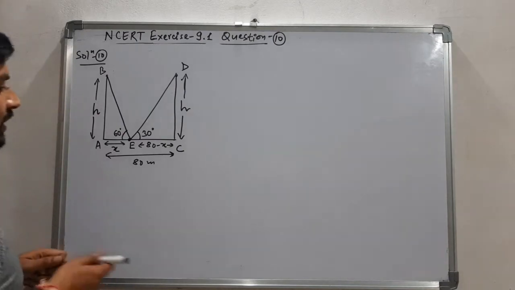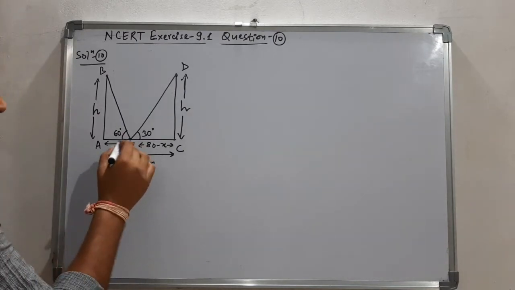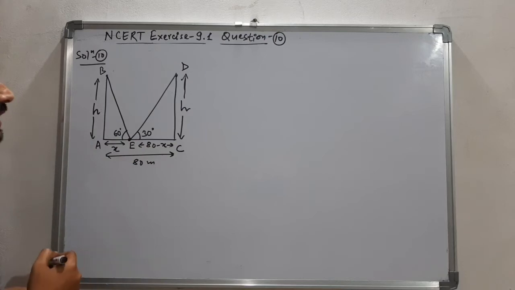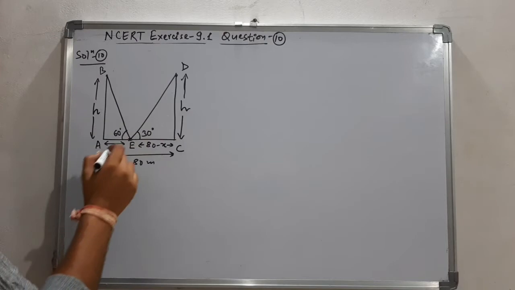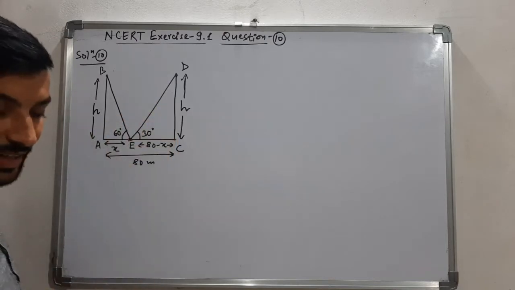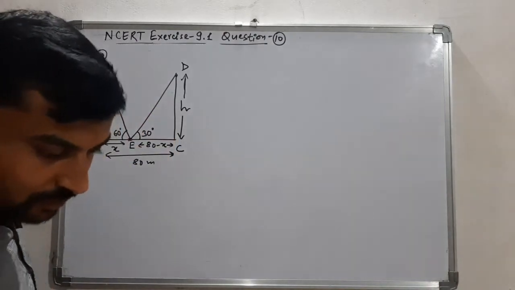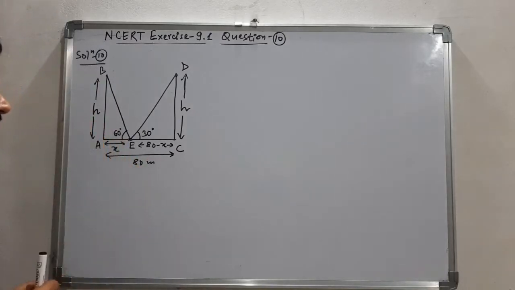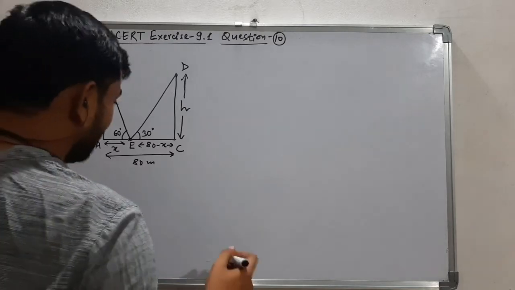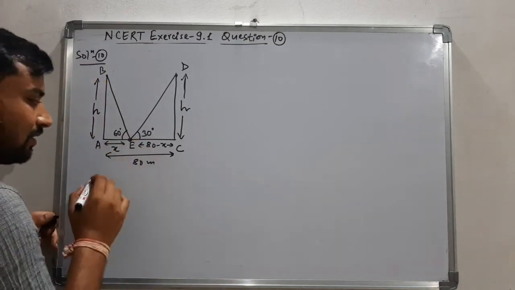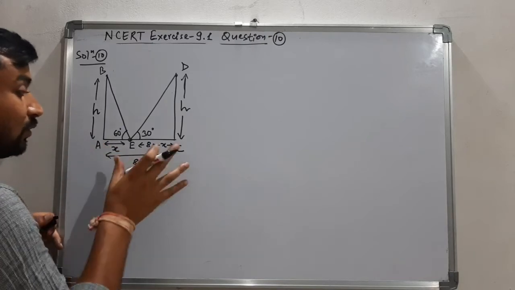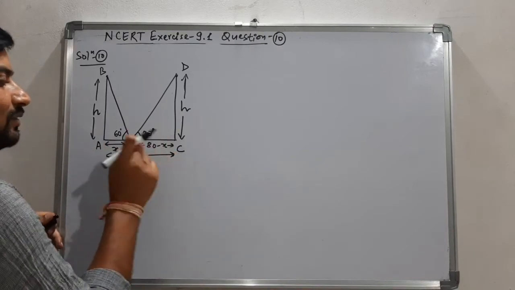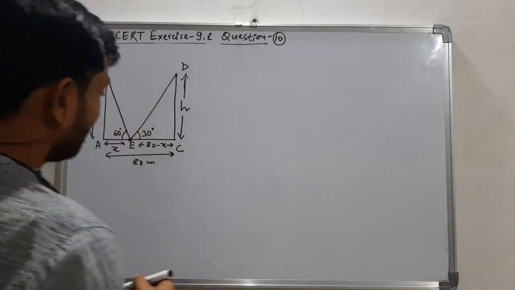Now we have a point on the ground where the angles of elevation of the two poles are 60 degrees and 30 degrees. Clearly the angles are not equal, so this is not the center of this 80 meter road. So we have to assume that the point is somewhere in between, at a distance of x from one pole, and the total distance is 80, so the remaining distance will be 80 minus x.